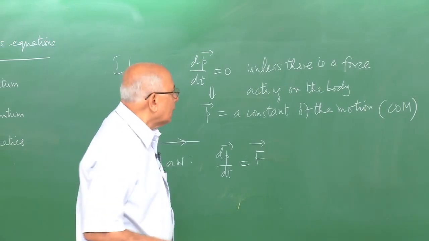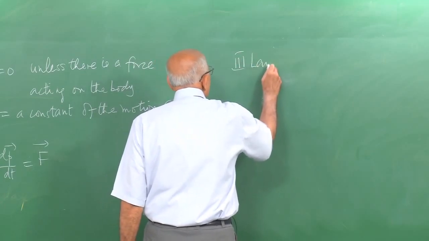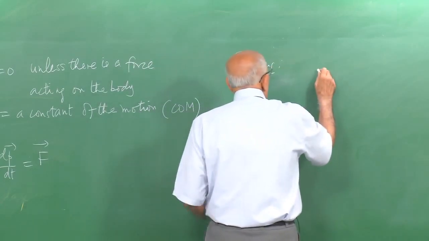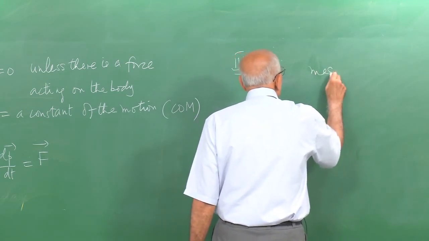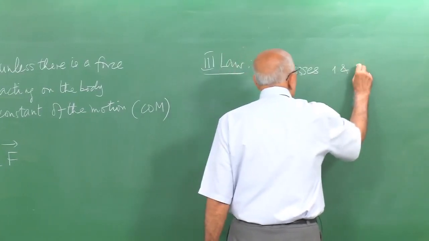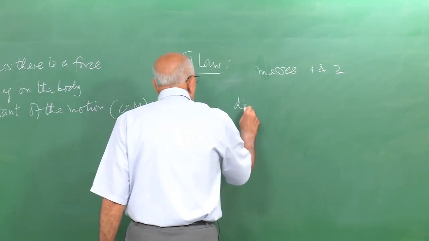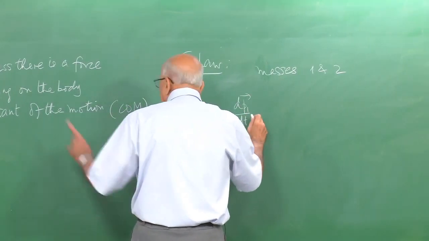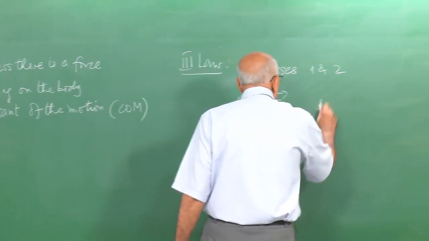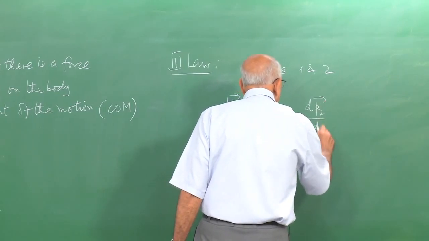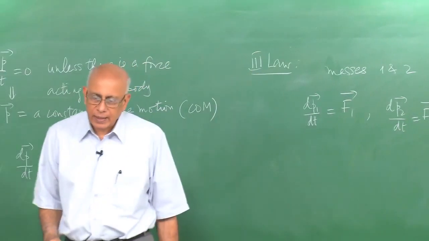And what he said was that if you have two bodies in interaction with each other, these two bodies or objects or masses 1 and 2, then the rate of change of momentum of the first by Newton's second law is equal to the force acting on the first body, and the rate of change of momentum of the second is the net force acting on the second body.